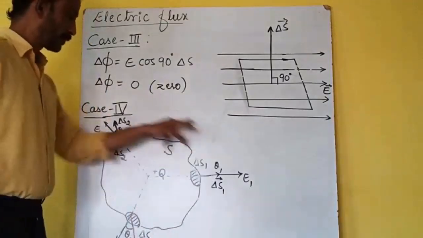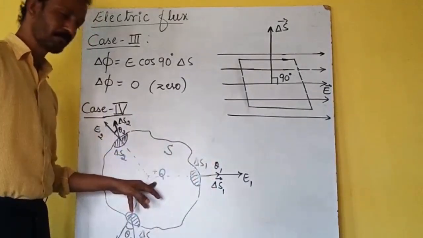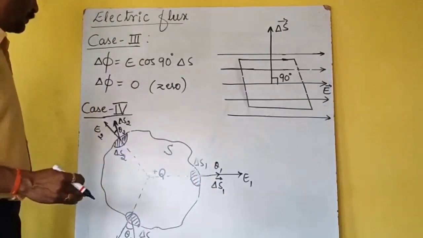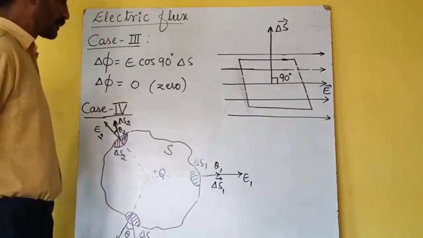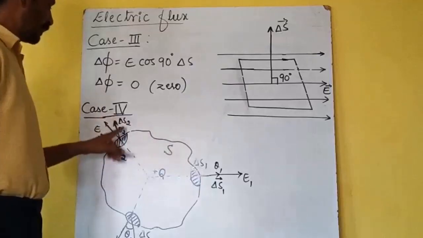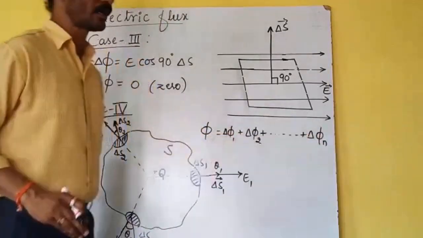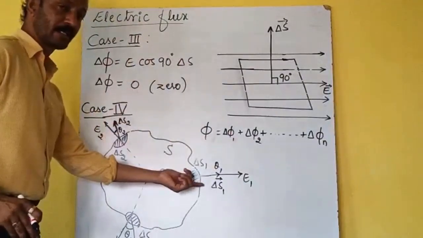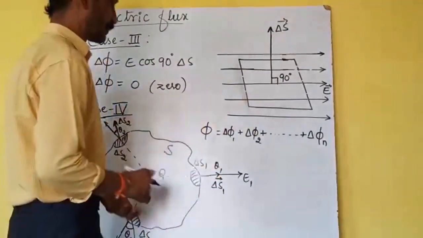See once again. Consider a closed surface S which encloses a charge plus Q. To determine the total electric flux through this closed surface S, the surface can be divided into small area elements delta S1, delta S2, and so on, delta Sn. Delta phi 1, delta phi 2, and so on, delta phi n are the electric flux through small area elements delta S1, delta S2, delta S3, and so on, delta Sn respectively.